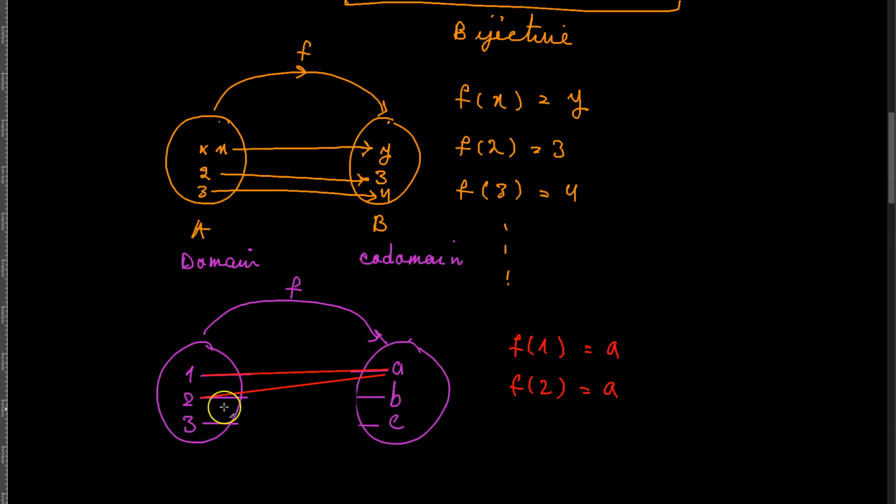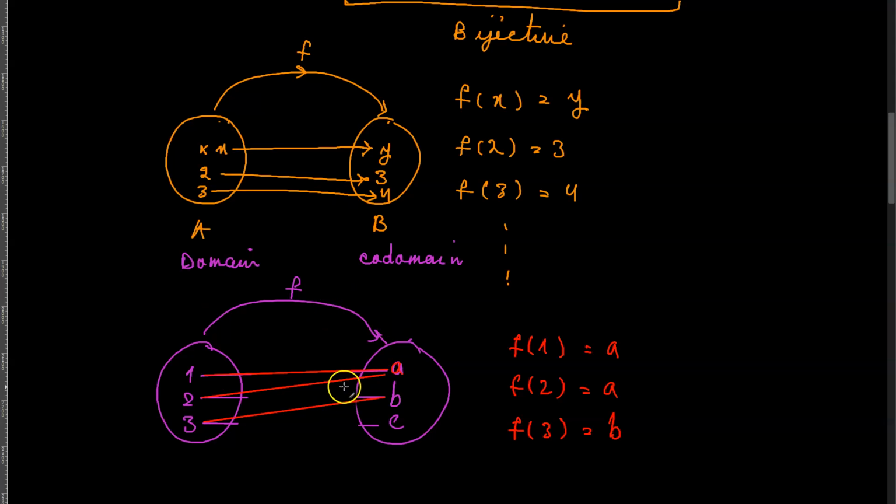Let's say that 3 is mapped to B, so f of 3 is equal to B. But this is not 1-1, because as you can see, A is the image of more than one element in the domain of the function under f. It's the image of 1, and also the image of 2. It has to be the image of only one of these elements. Only in that case would you say that f is 1-1.